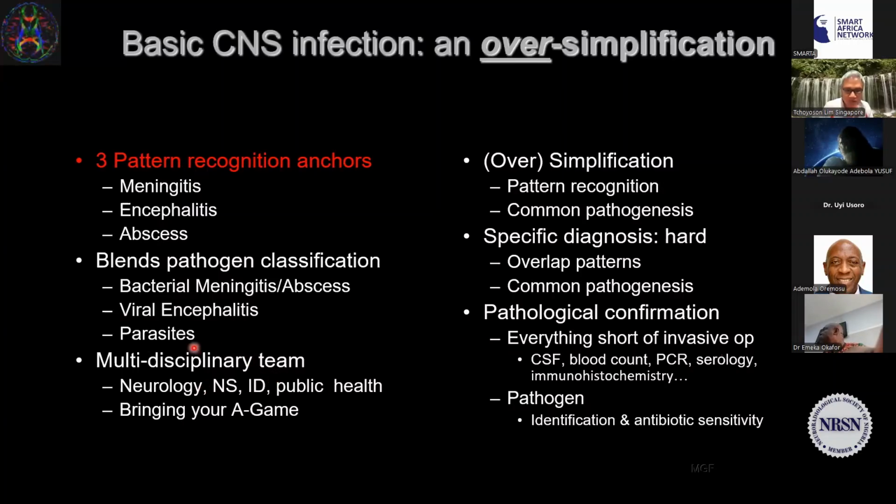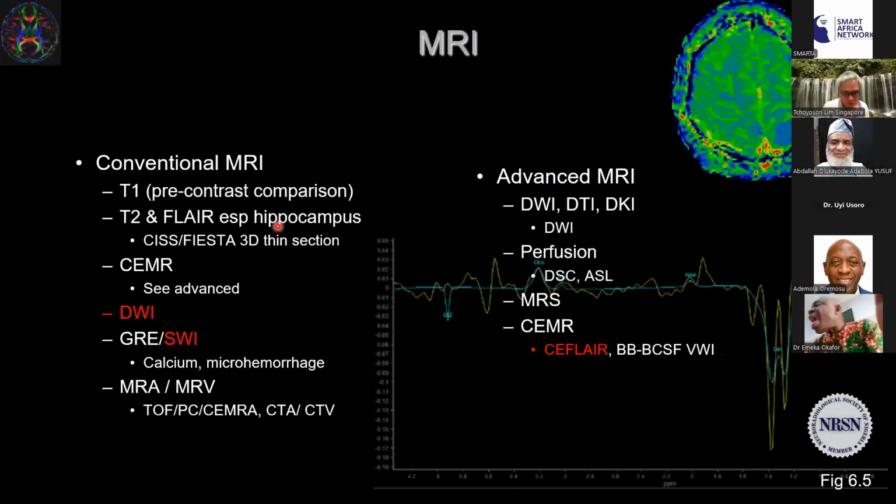And I want to emphasize the importance of the multidisciplinary team where neurology, neurosurgery, infectious diseases, radiology, and sometimes even public health, we bring our own specific expertise. So as a radiologist, we must bring our A game and be aware how these individuals approach the diagnosis, while we add how we can pattern recognize and bring value to our approach.